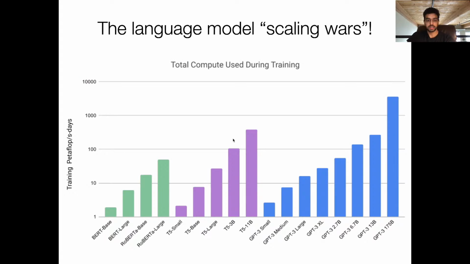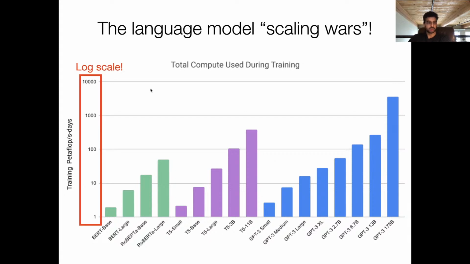Okay, so this slide is just talking about the amount of compute used to train these different models. And if you just look at this plot without looking too closely at the axes labels, you might think that GPT-3 is not that much worse to train than something like RoBERTa large.